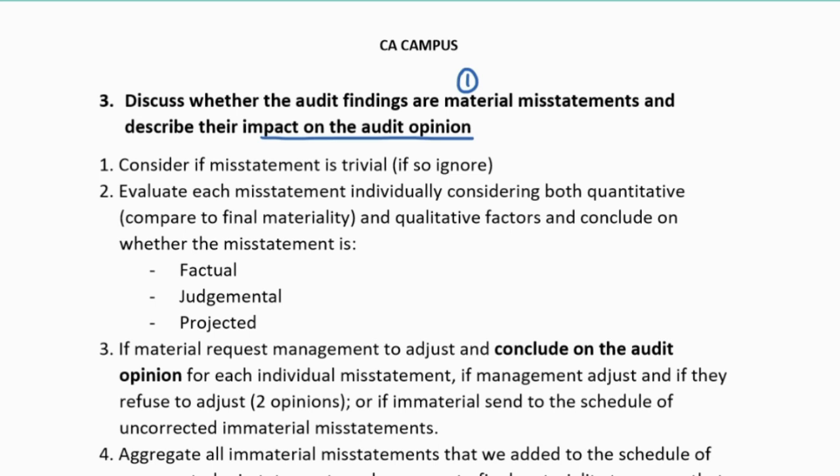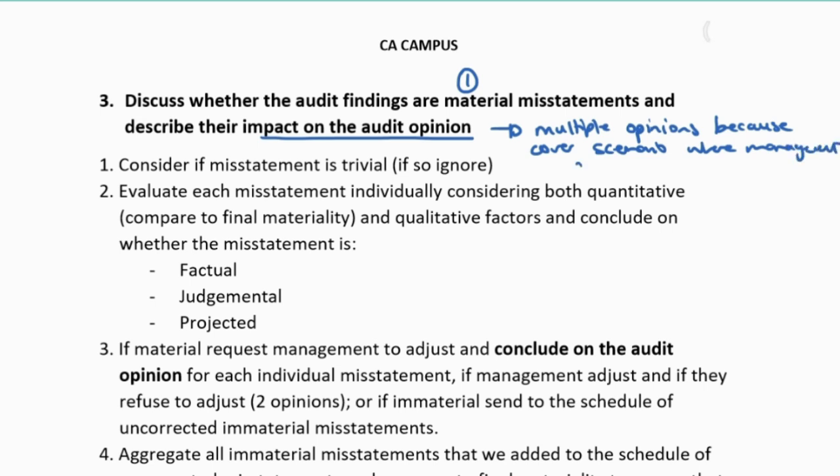And this question comes out with multiple opinions, because we have to cover the scenario where management adjust and where they don't adjust. Okay, so we're going to have multiple. So what do I mean?